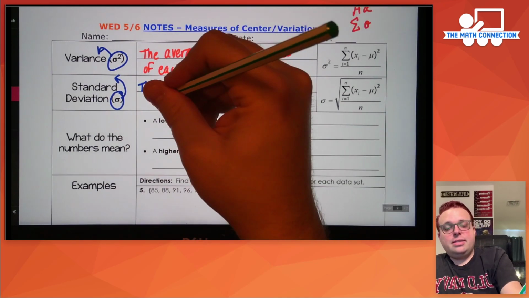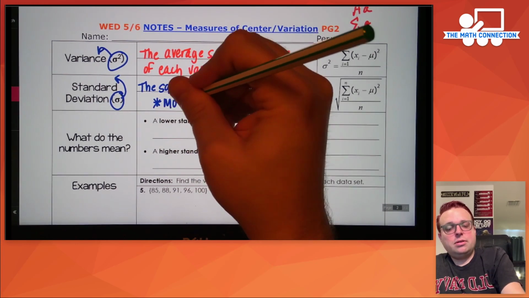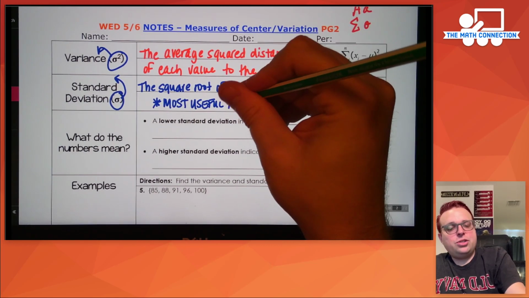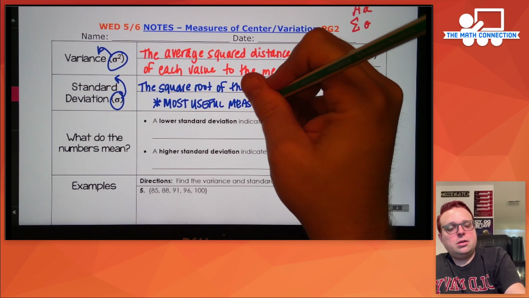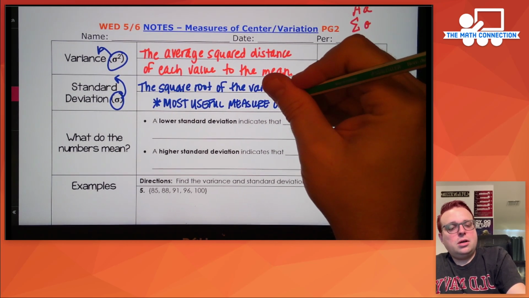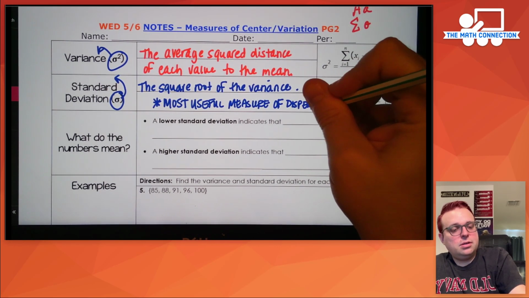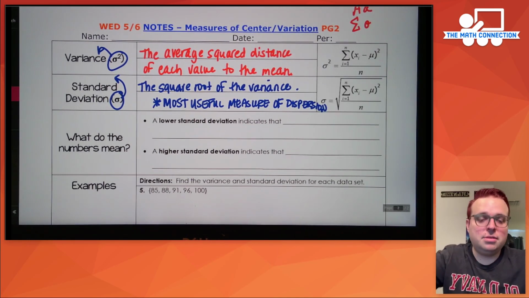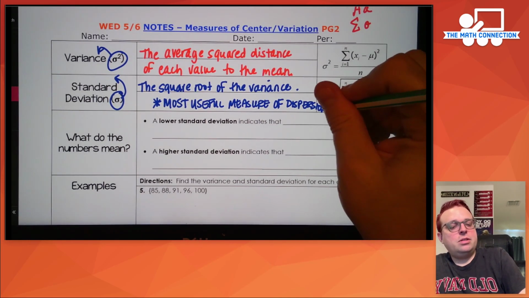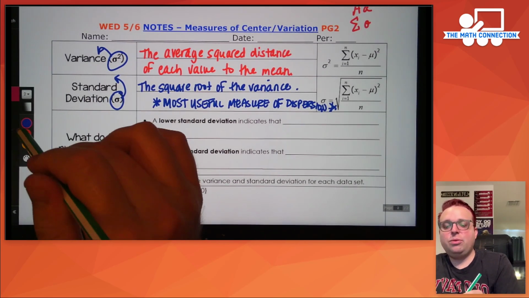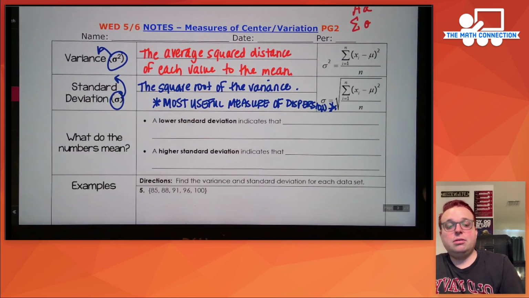Standard deviation is the most useful measure of dispersion. So standard deviation is going to be the one that you look at the most. And why do we care so much about the standard deviation?